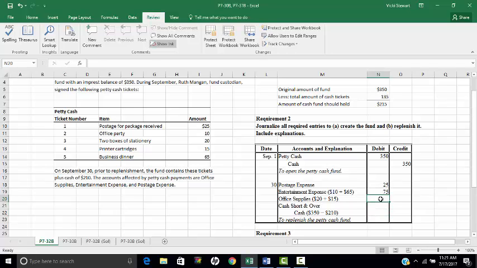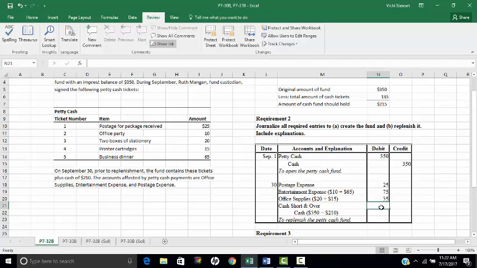We spent $20 for 2 boxes of stationery and $15 for printer cartridges, so we're going to debit office supplies for $35. And that equals the $135 of tickets that were in the fund.